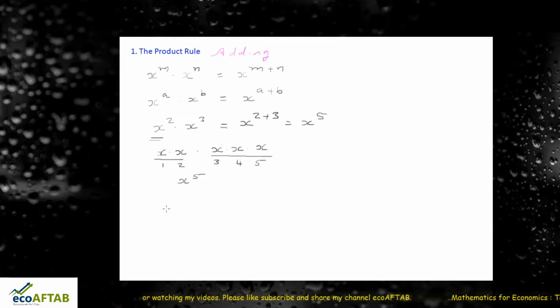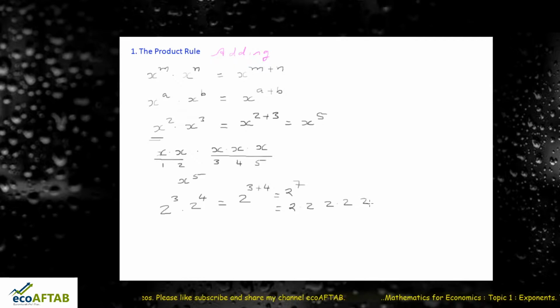Another example, 2 raised to 3 into 2 raised to 4. So this we can write as 2 raised to 3 plus 4, that is 2 raised to 7. To simplify it, it is 2 into 2 into 2 into 2 into 2 into 2 into 2.